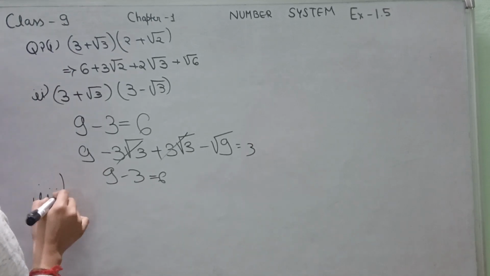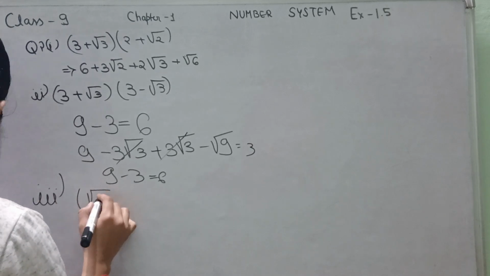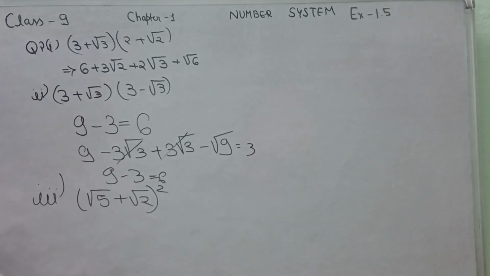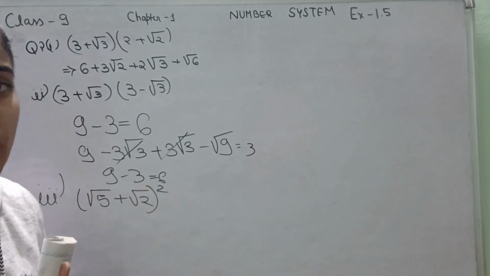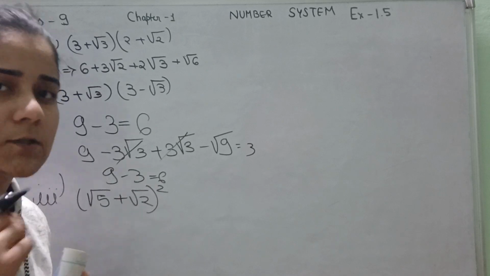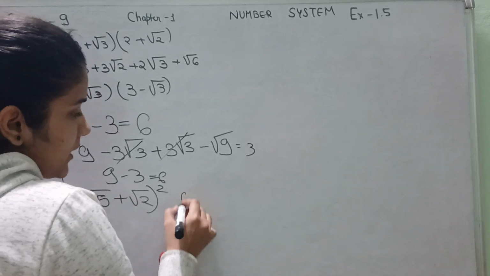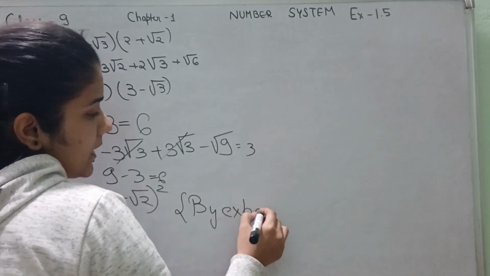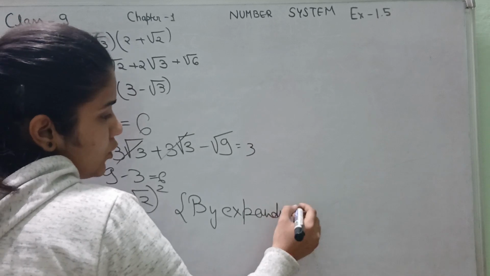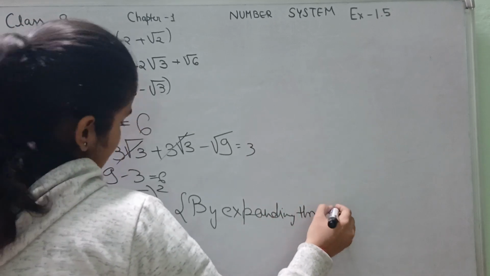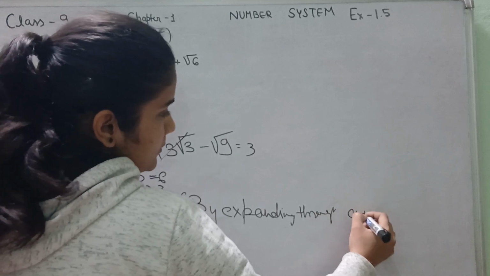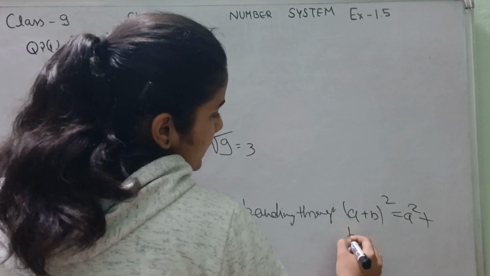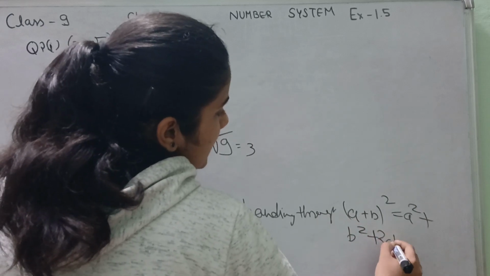Okay, question number 3: (root 5 plus root 2) whole square. I think you all remember what is a plus b whole square. It's a square plus b square plus 2ab. So we can write it by expanding this, we get a square plus b square plus 2ab, right?